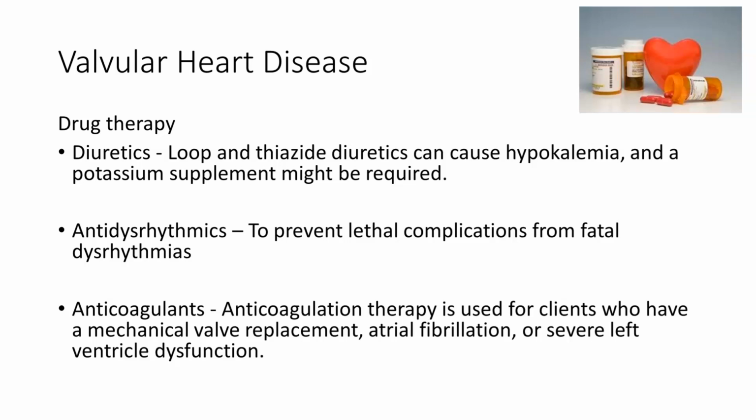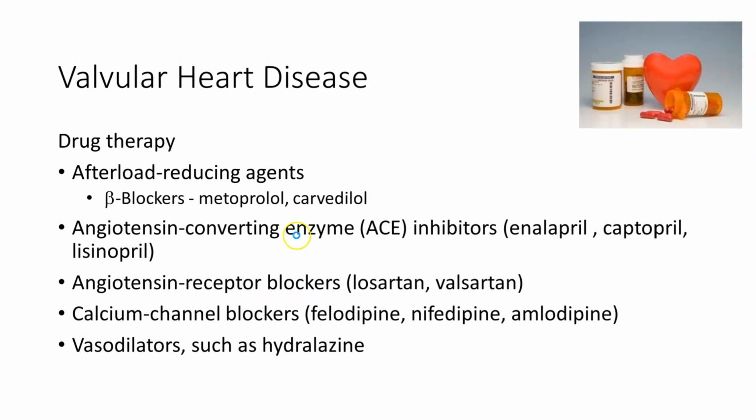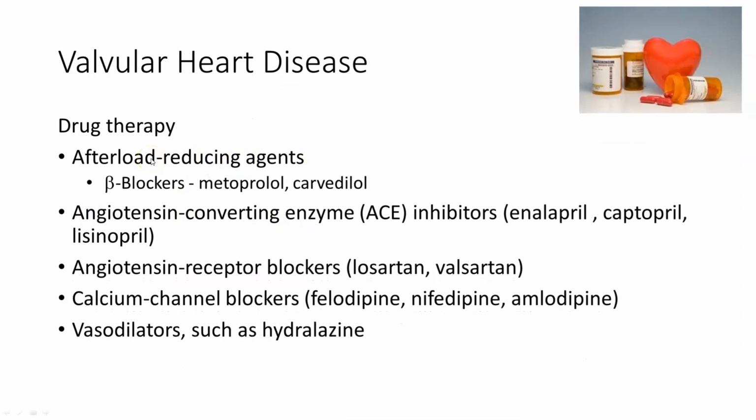If they are developing or they have a history of a dysrhythmia, we can use antidysrhythmic medications. And of course, because they're at increased risk for clots, especially if they have valvular heart disease and a history of atrial fibrillation, we know how big clots are for those 2 things, we could expect some sort of anticoagulation therapy.